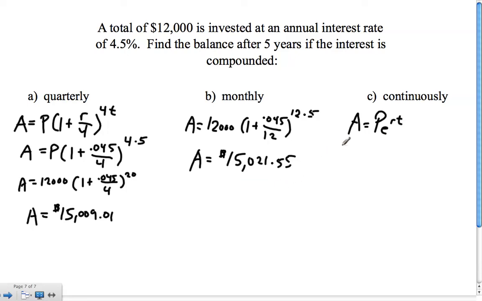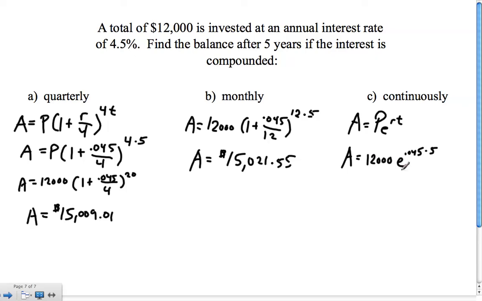There it is: P times e to the rt. So our balance is equal to 12,000 times e raised to the rate, 0.045, times the time, which is 5 years. You can enter this into your calculator. I would use the e to the x button, the one right above the ln, right next to where the 4 is.